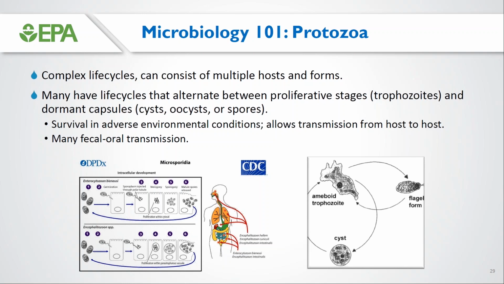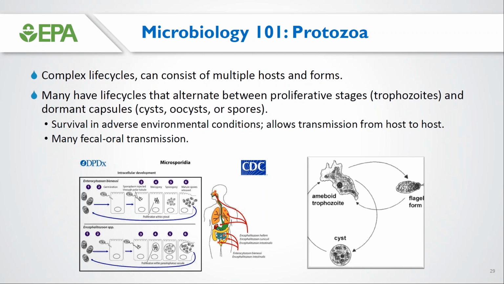When those conditions subside, that organism can transform back into its amoeboid trophozoite phase, and also can go into a flagella-like form where it can swim and move more efficiently than it could in its trophozoite stage.